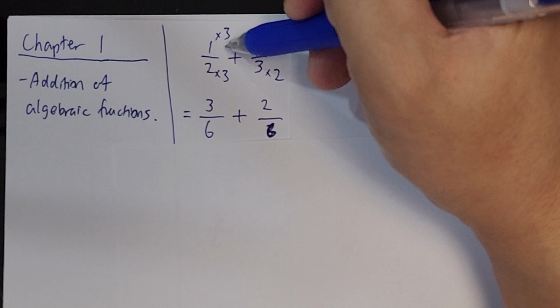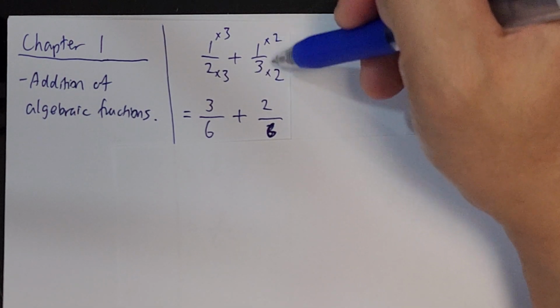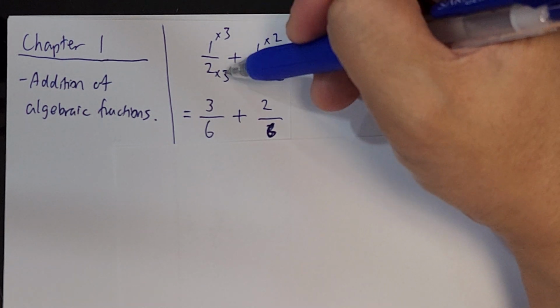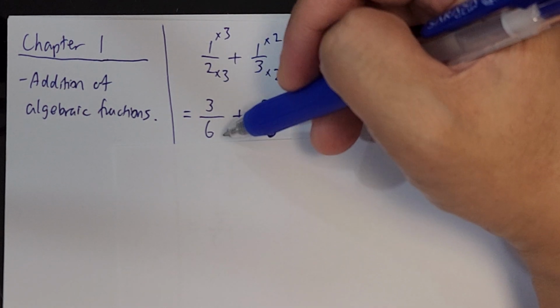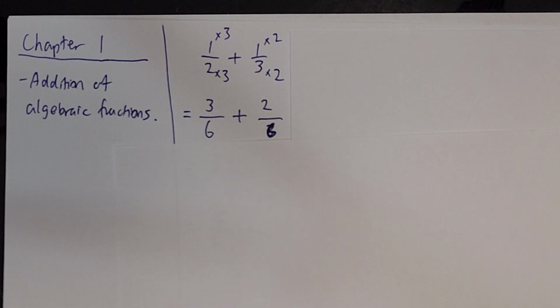So the first fraction, numerator and denominator are multiplied by 3. Second fraction, numerator and denominator are multiplied by 2. The first fraction becomes 3/6. The second fraction becomes 2/6. This process is called common denominator.